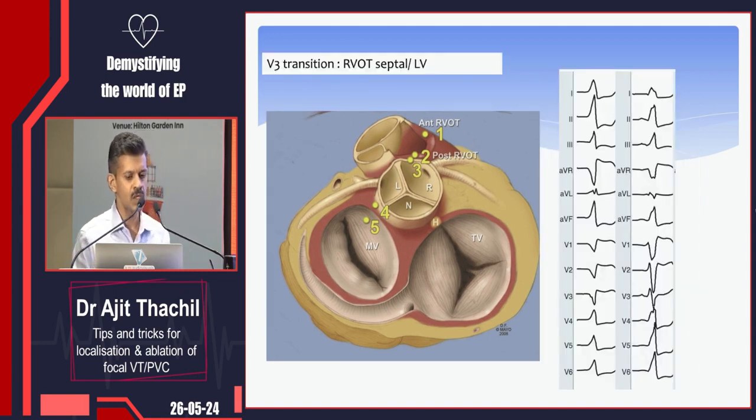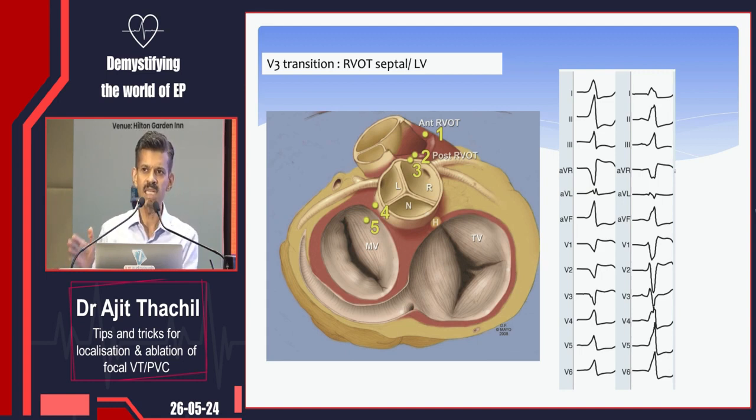The second thing which you need to look at is V3 transition. So the ones that start with a predominant negative in V1, is it transitioning from negative to positive at V3 or after V3? If it is negative beyond V3, that is V1 to V4 are negative, it's almost always RVOT free wall.